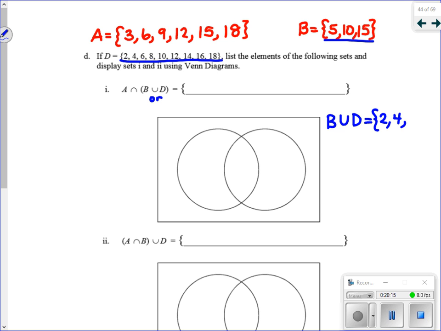We have to go in order. So next we jump up here to the 5, 6, 8, 10, 12, 14, 15, 16, and 18. Okay, this is the set B union D.